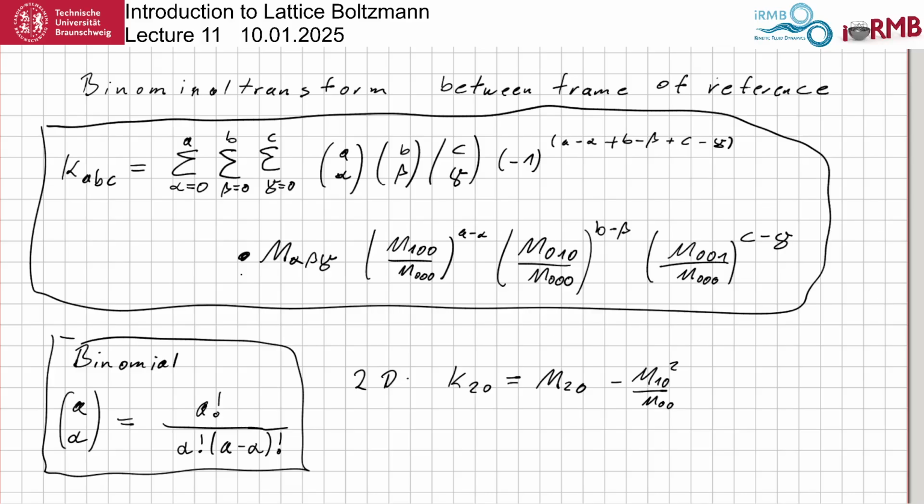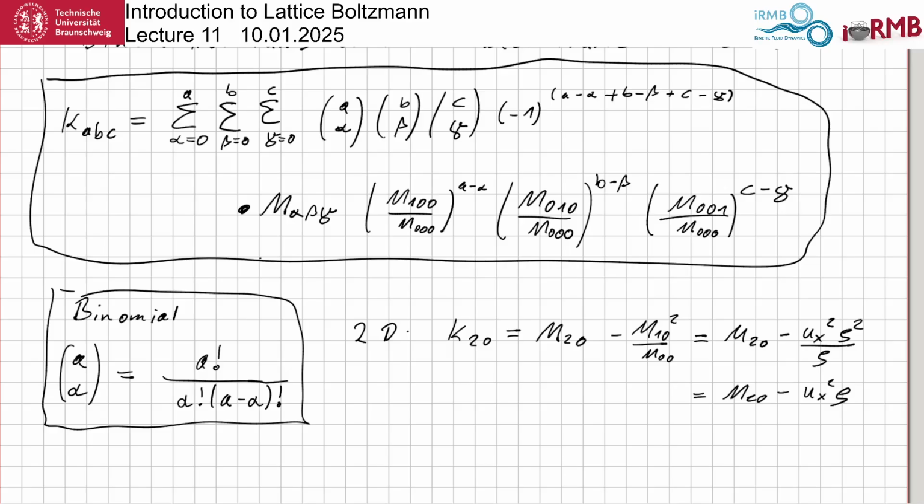Okay, so this gives us M20 minus UX squared rho squared divided by rho, obviously, which is of course M20 minus UX squared times rho. So you see, K20 is simply M20 minus UX squared times rho.